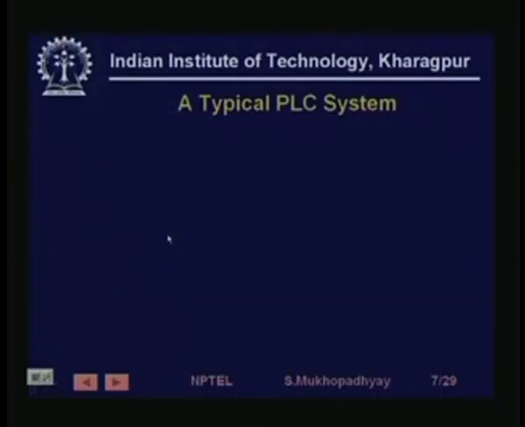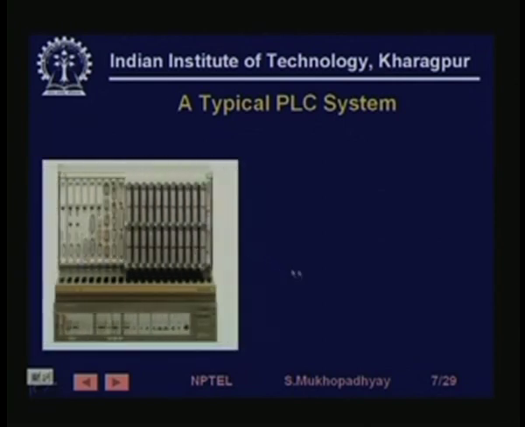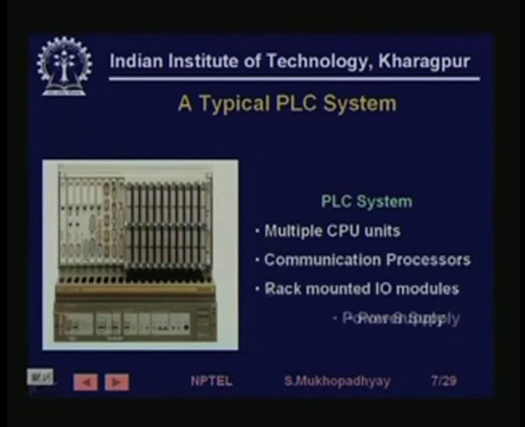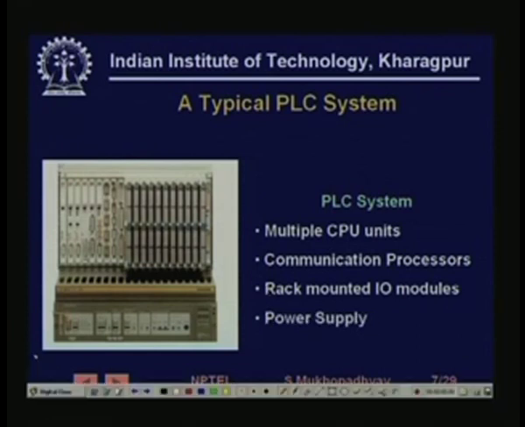So, let us look at a typical PLC system, a picture which will clarify things. So, here is a typical PLC system. You can see that it contains multiple CPU units.